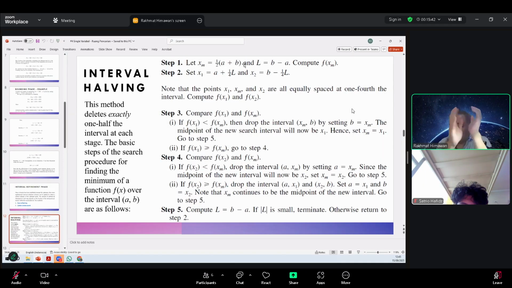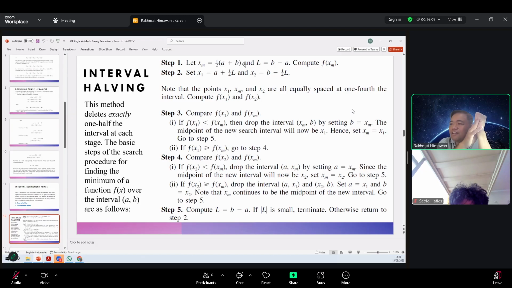Check at the exact half, what is fxm? Then second step, set x1 to be A plus 1/4 of L and x2 to be B minus 1/4 of L. So it's like you already cut this in half and then cut it again to find x1 and to find x2.